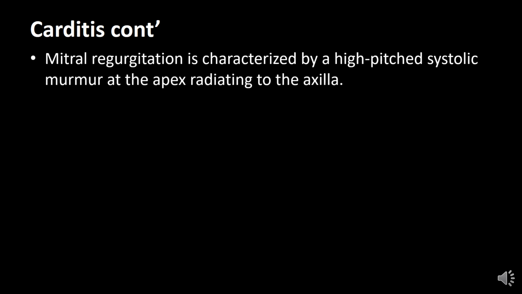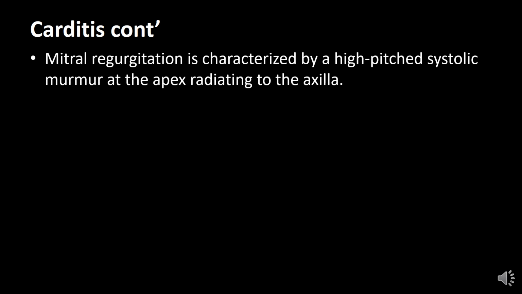So if a patient has mitral regurgitation, they will have a systolic murmur. And for you to know whether it is regurgitation or stenosis, first and primarily you need to understand the cardiac cycle so that you know when the heart is contracting, when the ventricles are contracting, how should the valves behave?